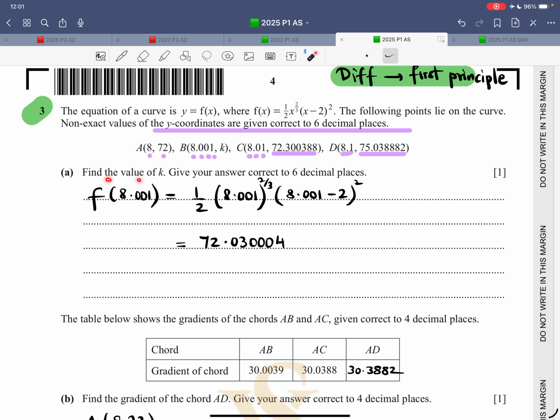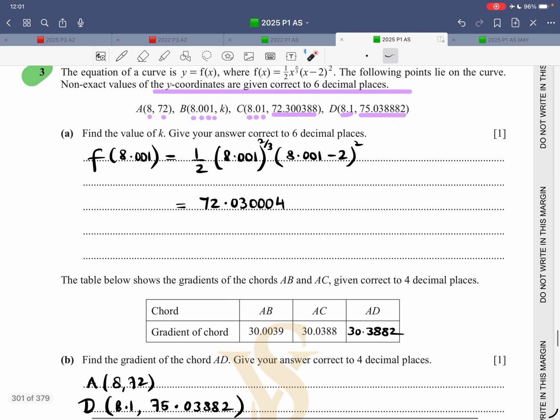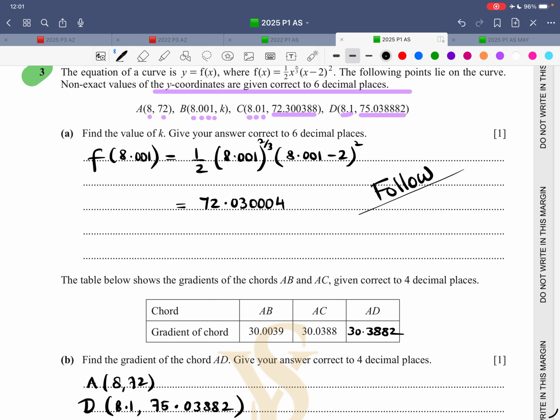The first thing, find the value of k. So just plug in this value in the calculator, take care of accuracy, and you get this answer. 1, 2, 3, 4, 5, 6 decimal places as instructed by the examiner. So now you have to follow instructions, you have to show all working so that you get your desired A star.